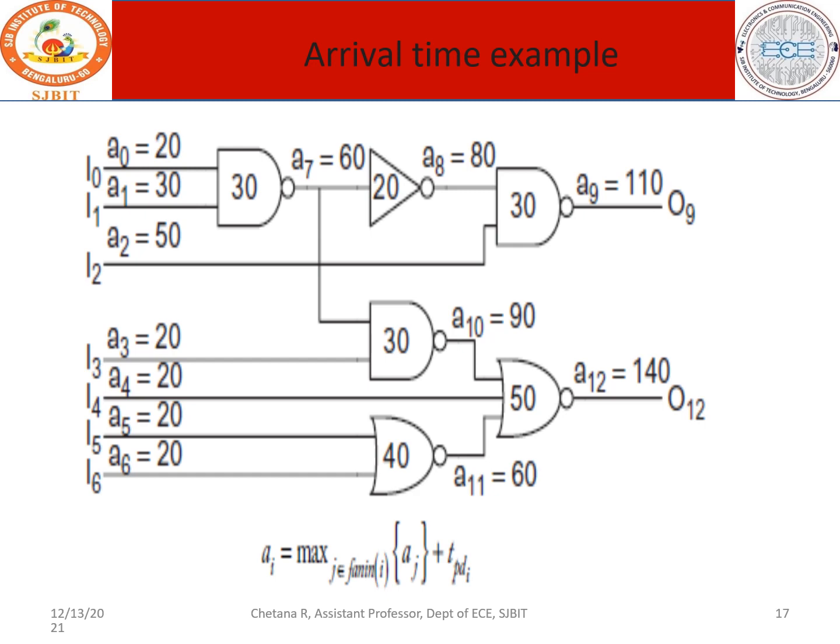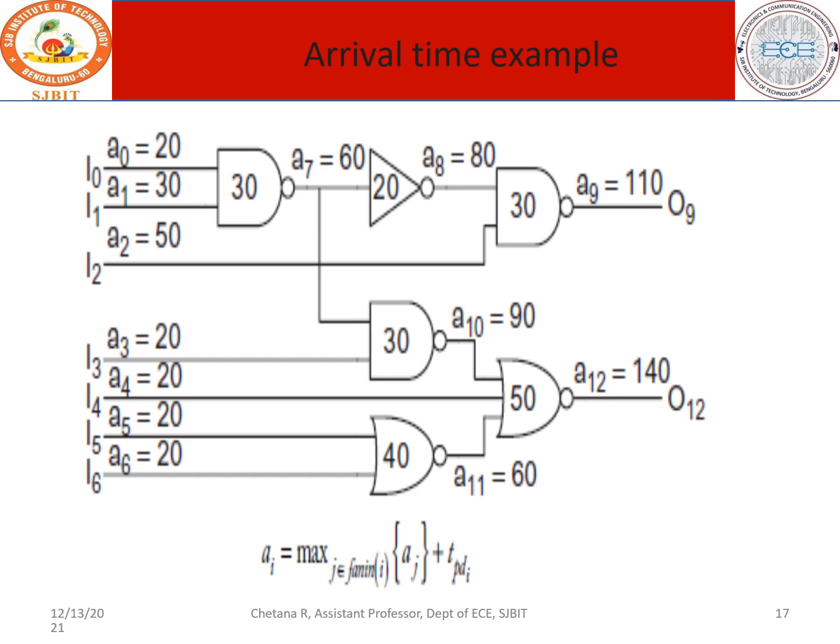So this is an arrival time example. The question is, you have gates 1, 2, 3, 4, 5, 6 and you have 7 inputs.